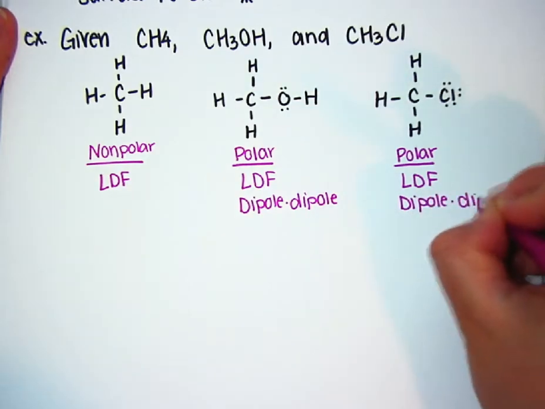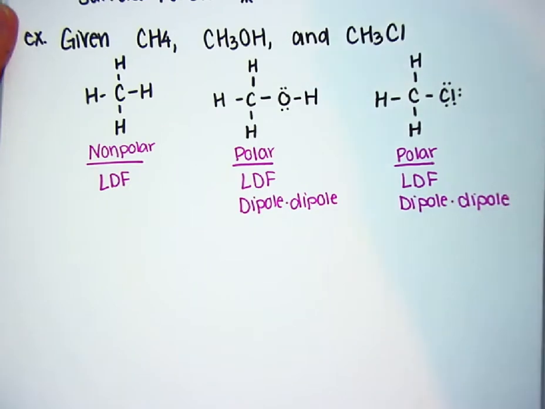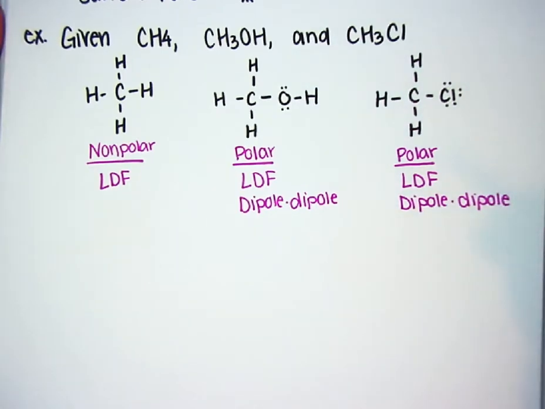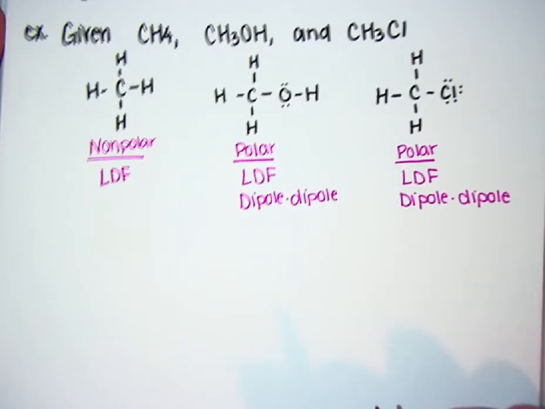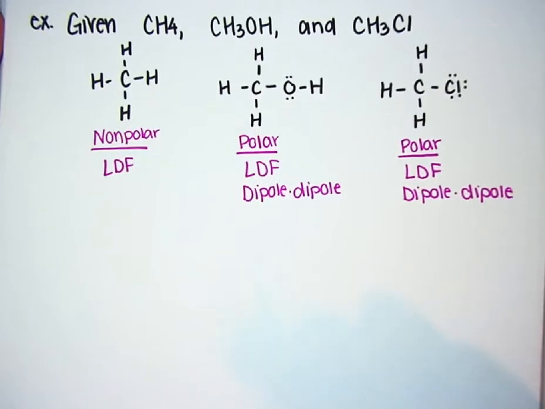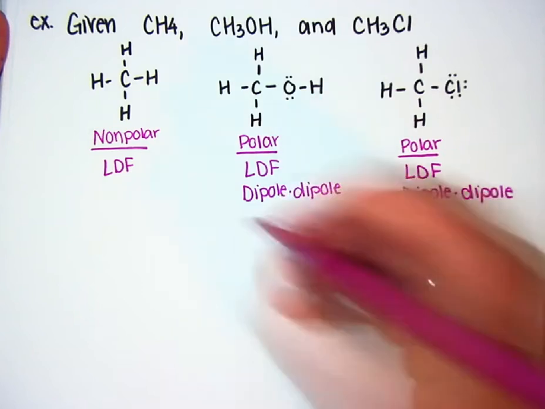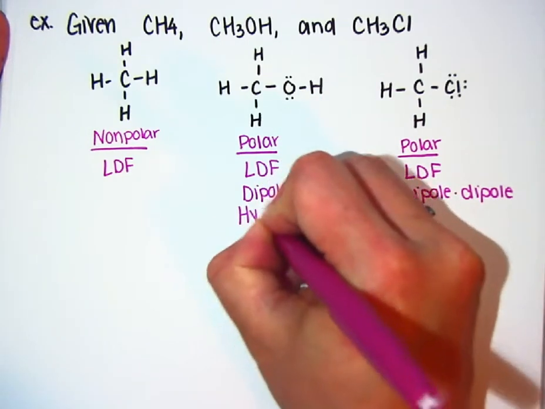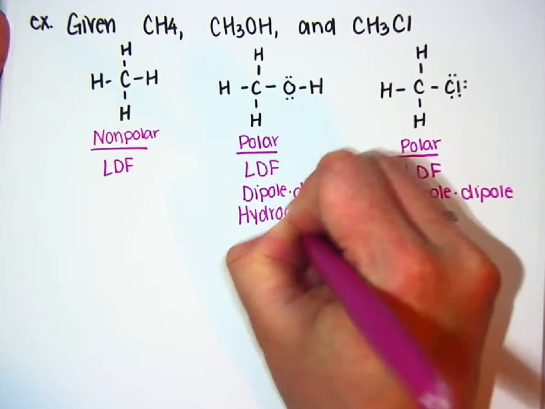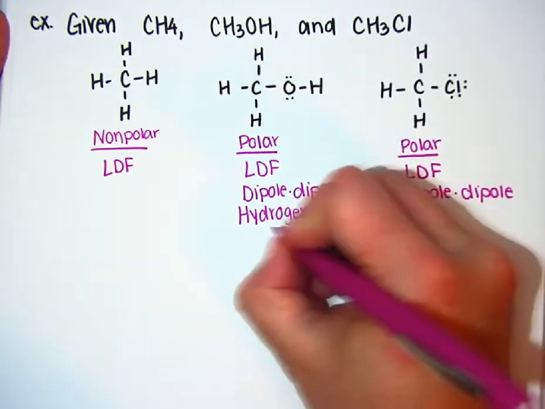Lastly, look for sites of hydrogen bonding. If I had hydrogen bonding, hydrogen would be attached to either oxygen, nitrogen, or fluorine. Oxygen is attached to hydrogen. This middle one also has hydrogen bonding.